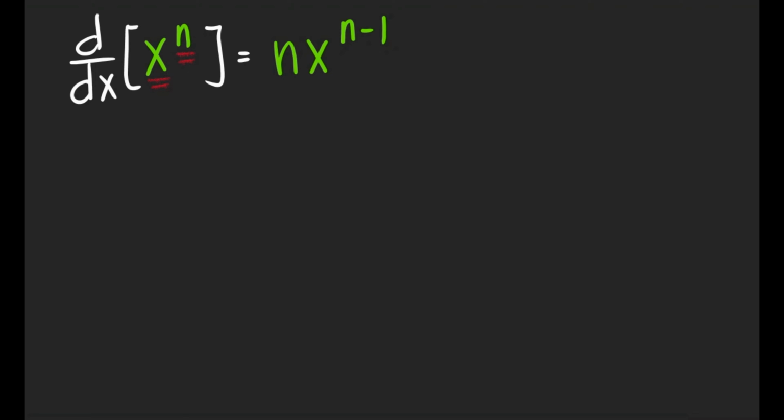Let's have an example. What is the derivative with respect to x of x squared? In this case, the value of exponent n is 2.